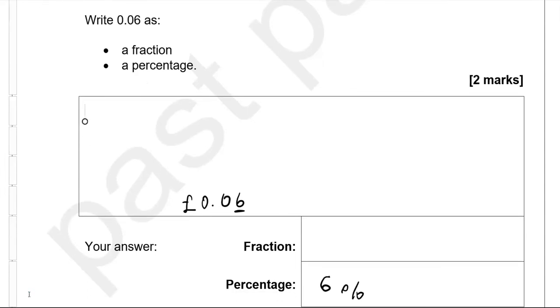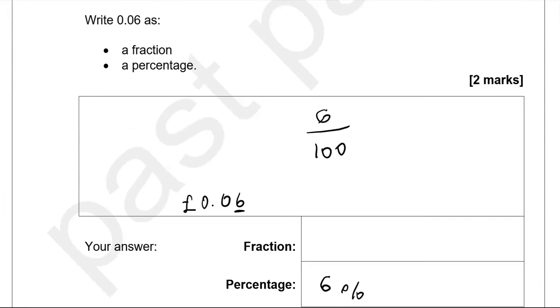In terms of fraction, we know that it's 6%. So 6 out of 100, in other words. And we can leave it here as 6 hundredths.